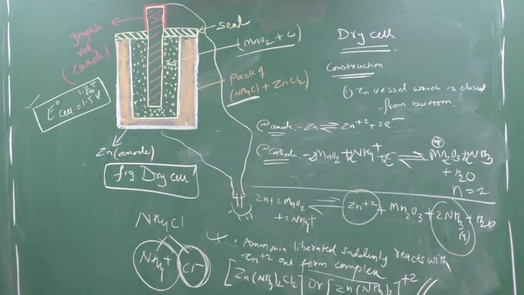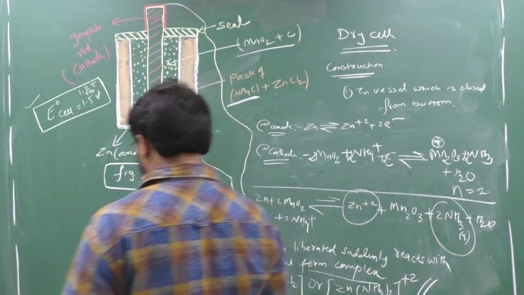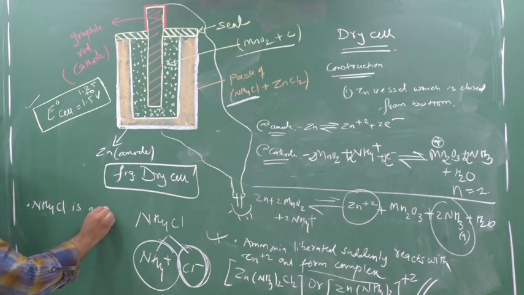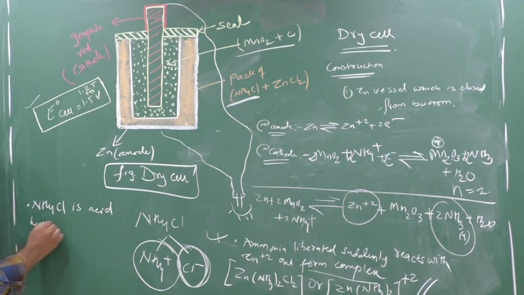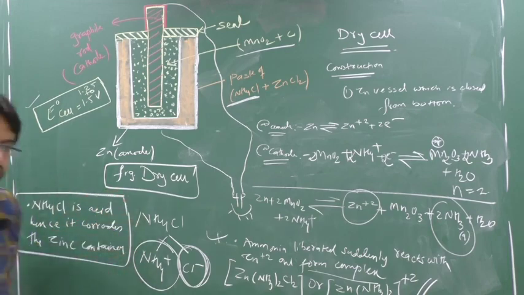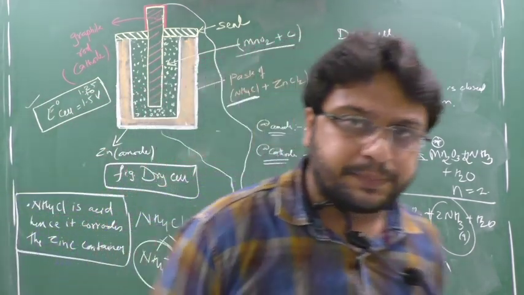So you can remember here one point, that NH4Cl being acidic, I will write down here: NH4Cl is acidic, hence it corrodes the zinc container.